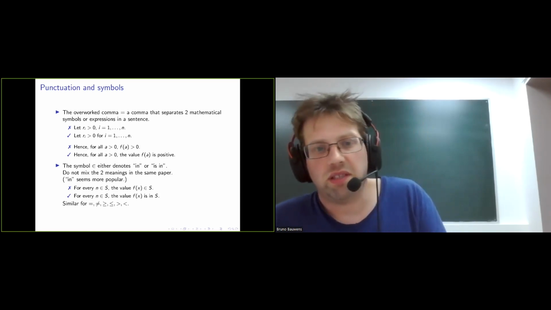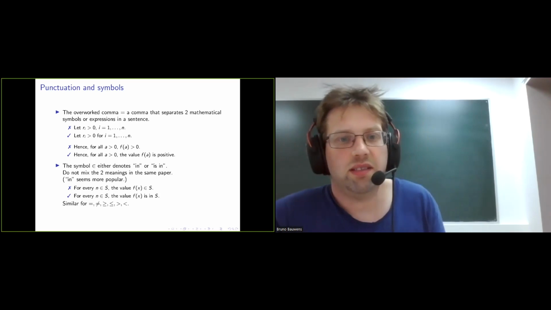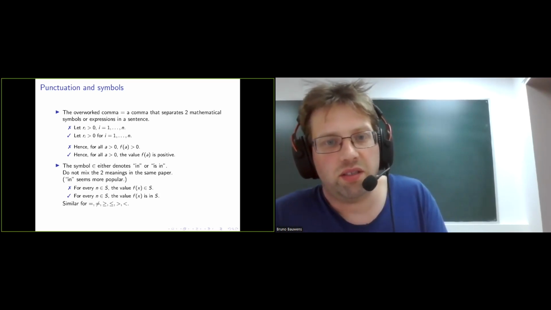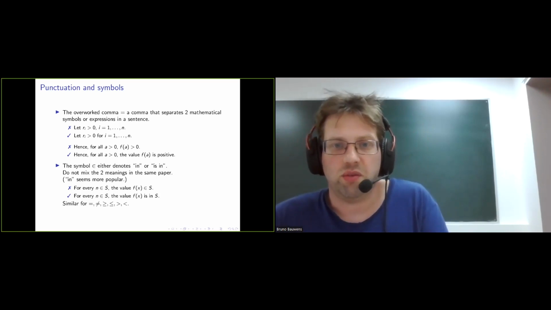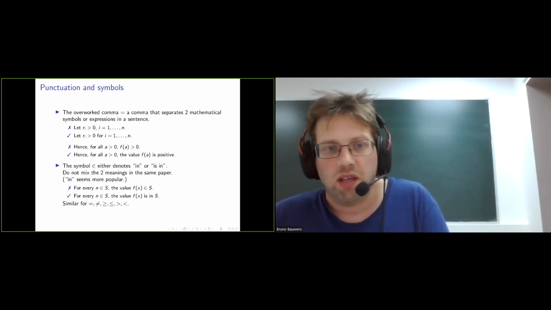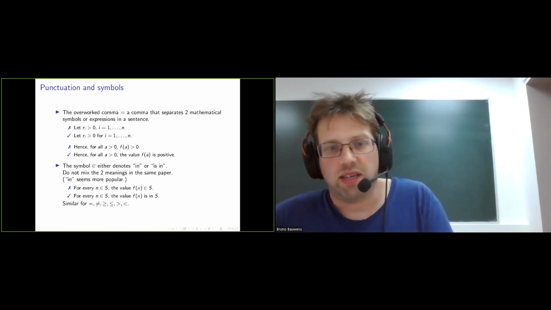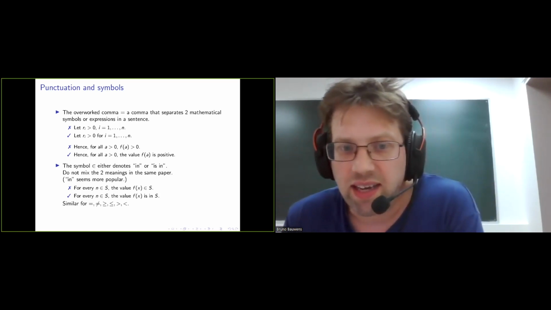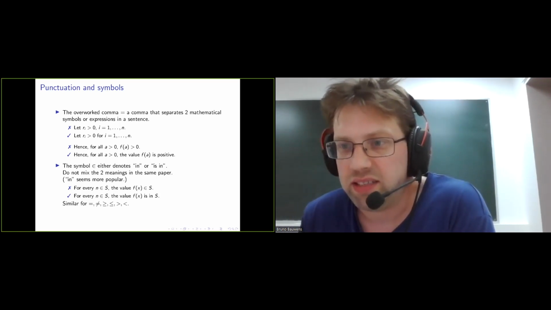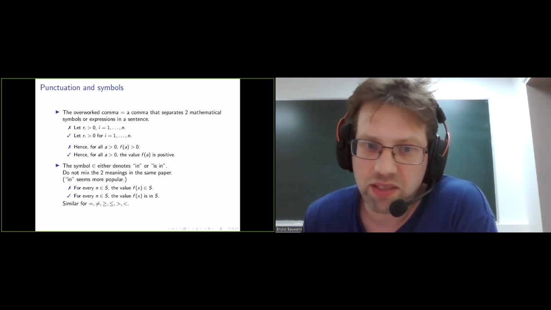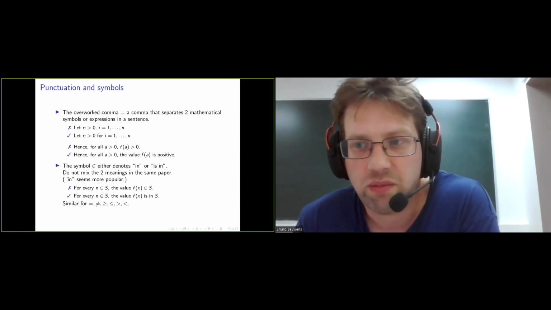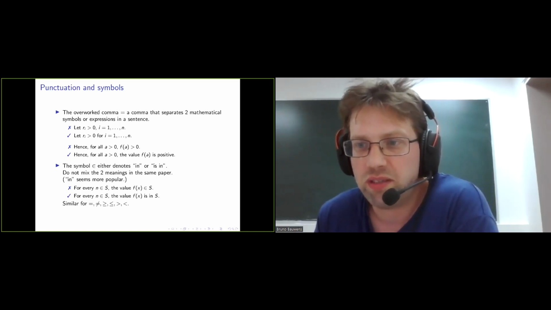Then there is another piece of advice. The symbol "is an element of" should consistently denote either the word "in" or "is in." So for example, "for every n in S, the value f of x is in S." When you read it, the first time it is "in S," the second time it is "is in S." This is bad practice, and it slows down the reader.